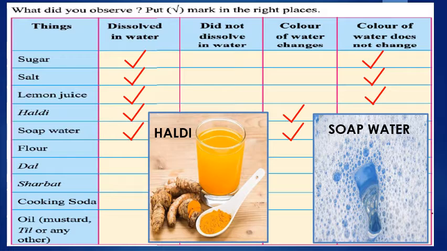When haldi and soap water are added to water, we can see that the color of water changes. But when sugar, salt and lemon juice are added to water, the color of water does not change.